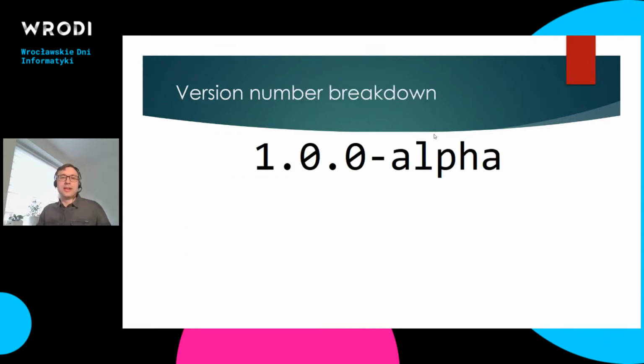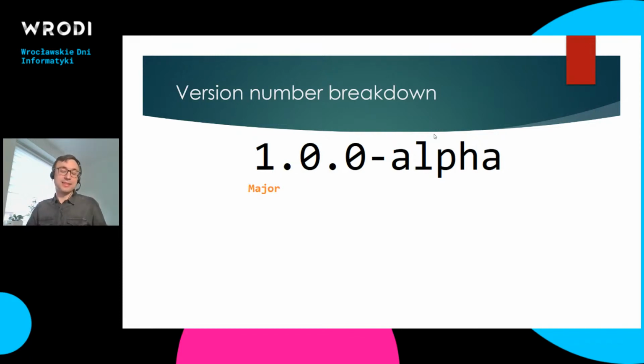Okay, so let's dig into the topic of versioning. What you can see is an example of a version number, and let's see which part of the version number is responsible for what. So the first number is called major.